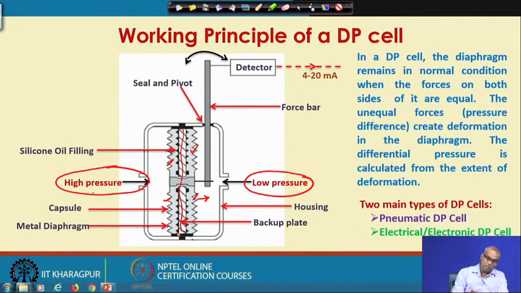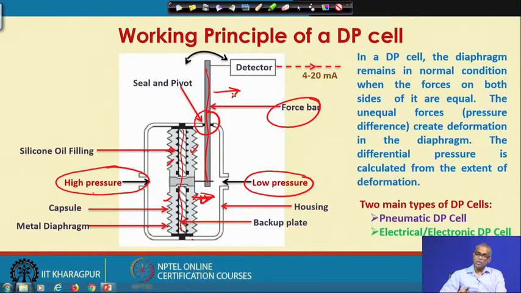Now, this diaphragm capsule is attached to a force bar. So, this is the force bar. This is connected to the diaphragm capsule. Now, this is sealed and pivot. So, as the diaphragm capsule deflects in this direction, the force bar also makes a displacement.